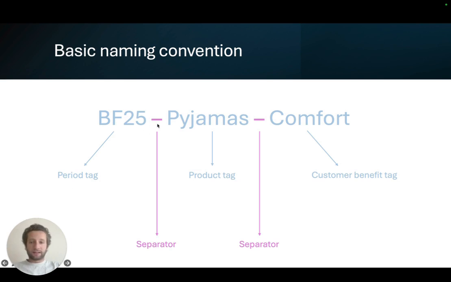The separators in this case are hyphens. I have 3 tags. I have a period tag, Black Friday 2025. I have a tag to identify the product, the pajamas. And then I also have a tag to identify the customer benefit, comfort. Organizing information into tags separated by separators is what we call a naming convention.